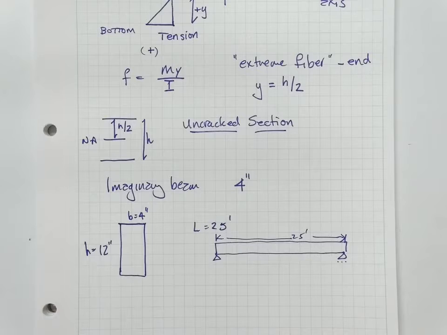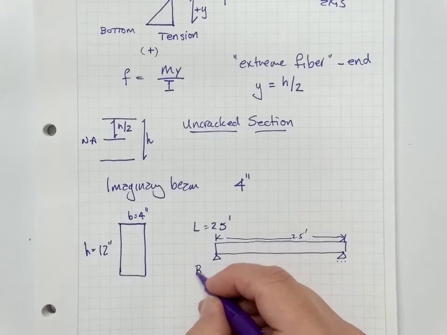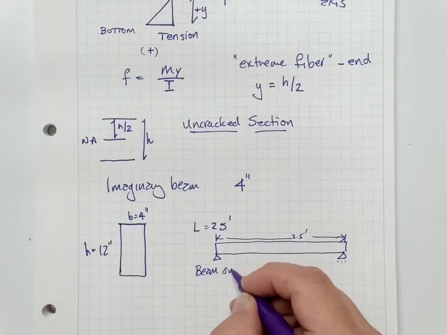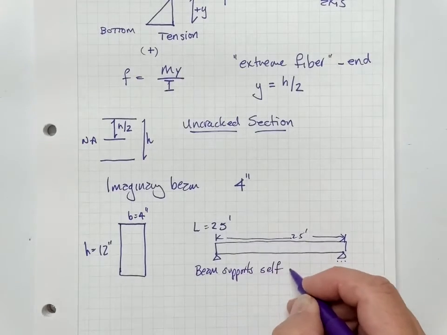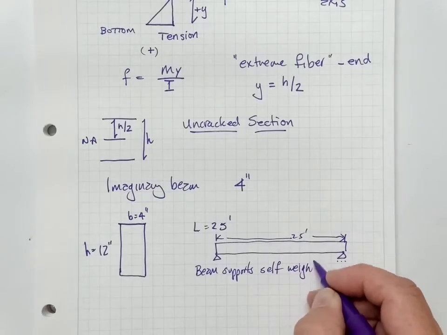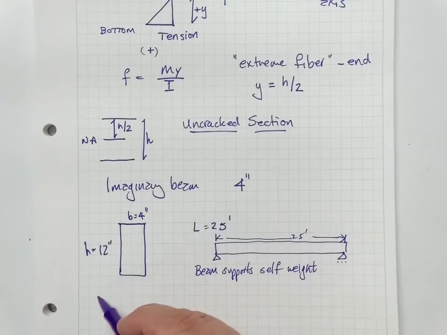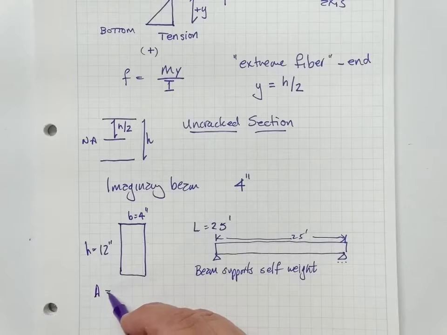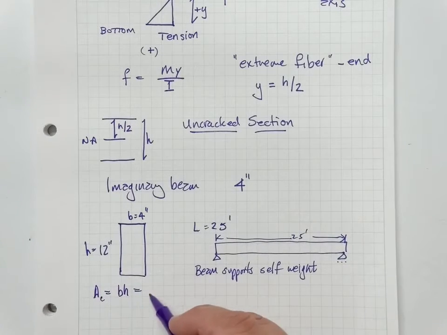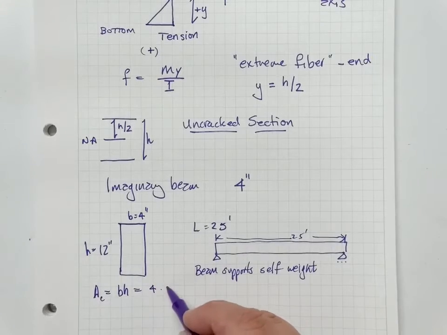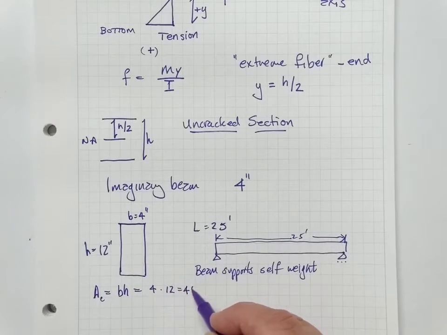It's self-weight, right? So the beam supports its own weight. The cross-sectional area is equal to BH, which is equal to 4 times 12, which is 48 square inches.